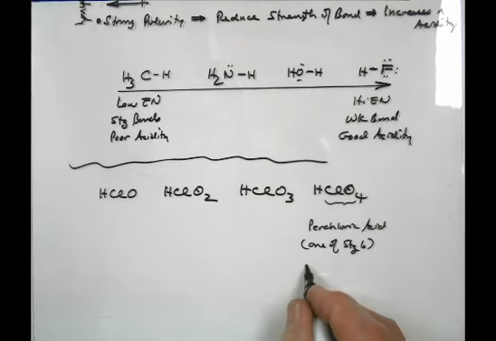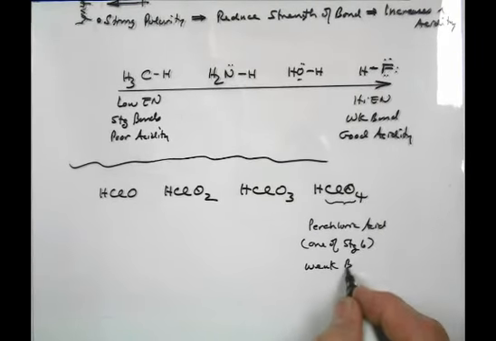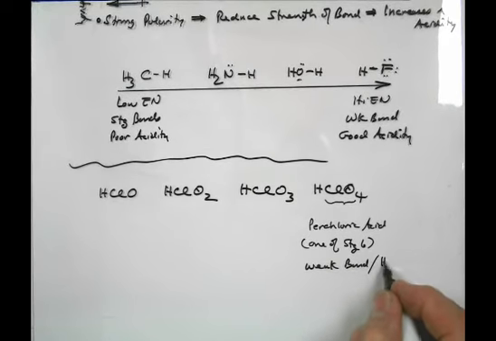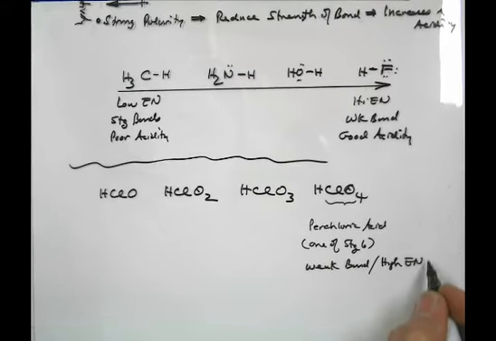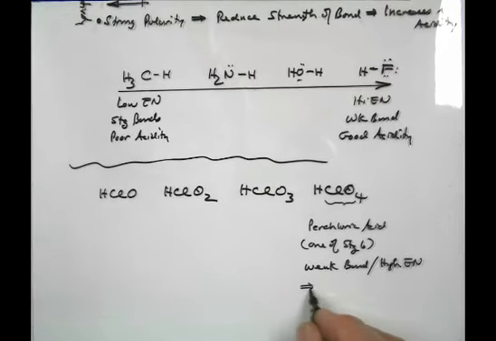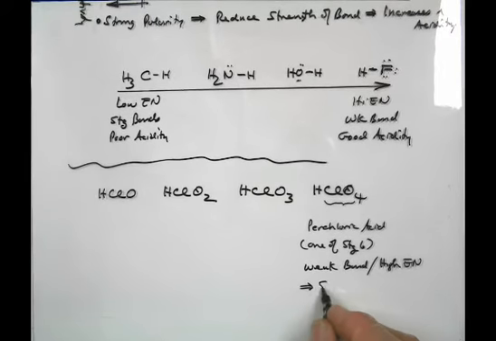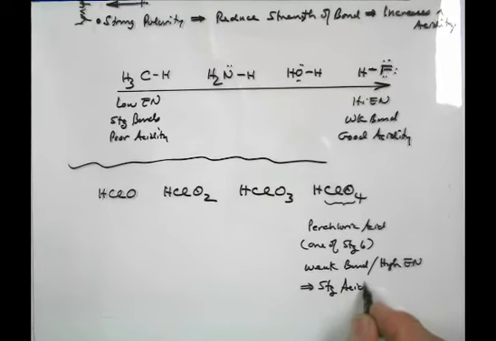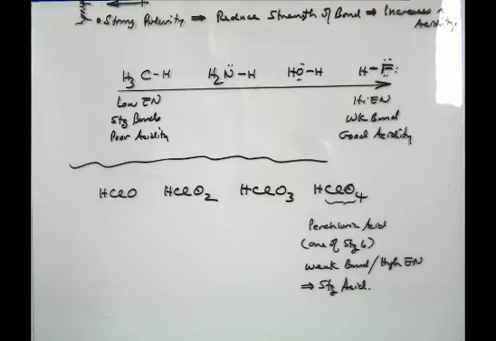So we have a weak bond, high electronegativity. Okay, and of course that would give you a very, very strong acid. Okay, that's kind of a reference point. And as you move back to the left, everything decreases from there.